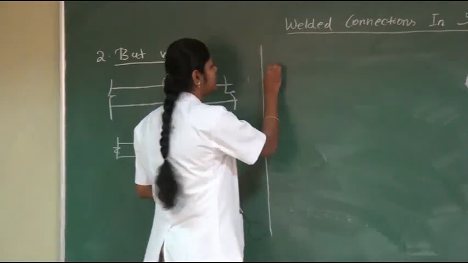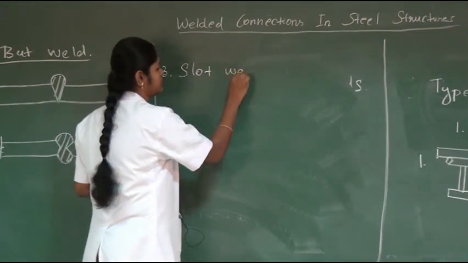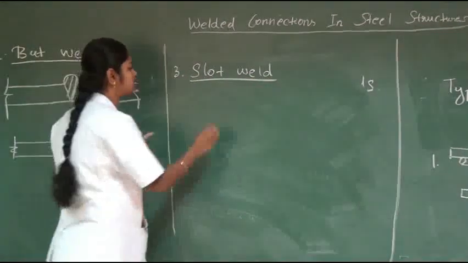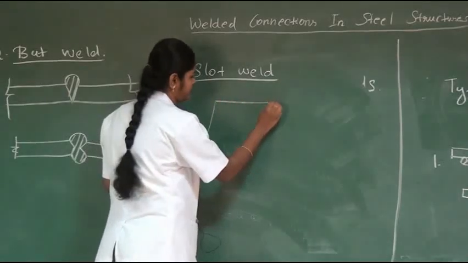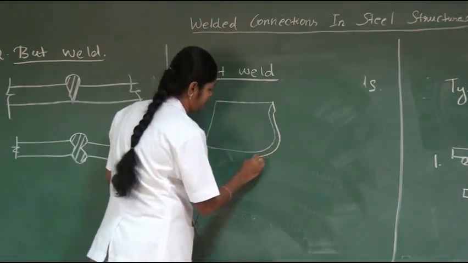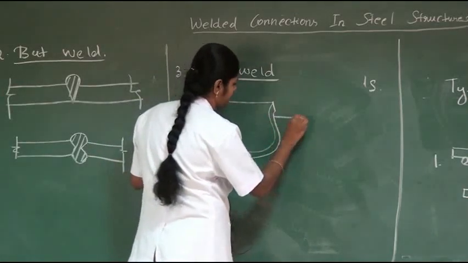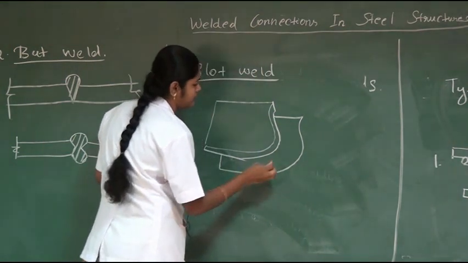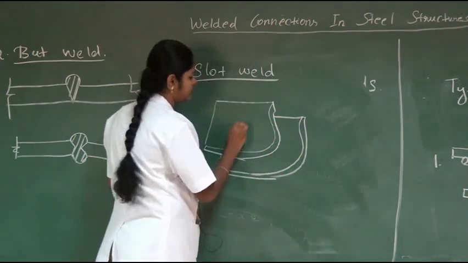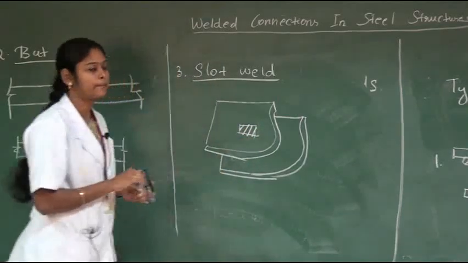Then the third one is slot welding. For this, the example of slot welding is shown. In slot welding, the metal plates are connected like this.